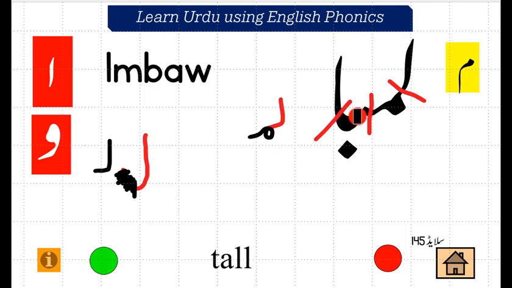And over here one dot down I told you it's the sound b, lum b, and what's this sound? Ba, lum ba. Lamba is known as tall.